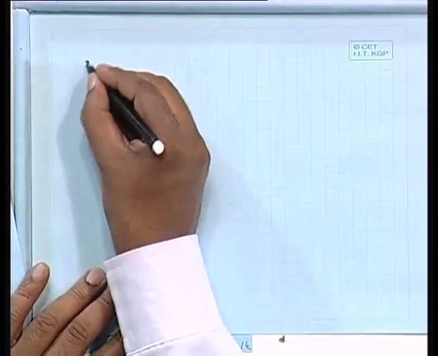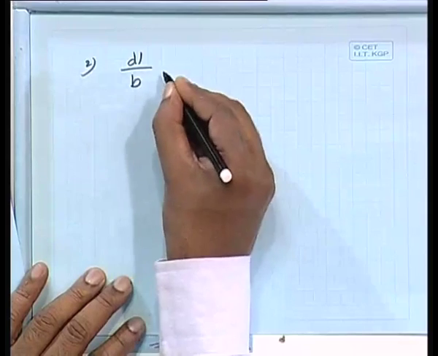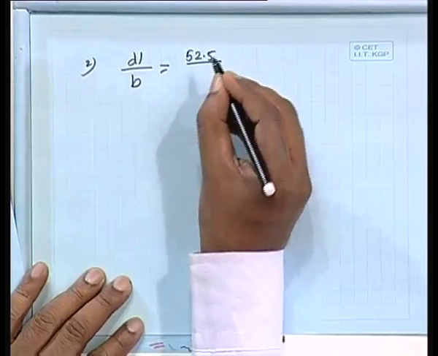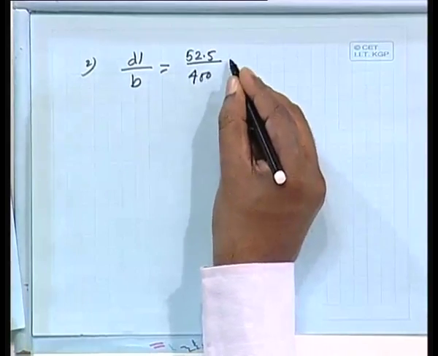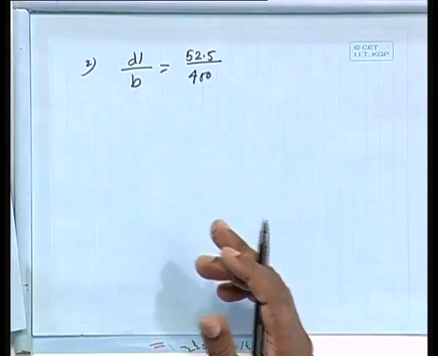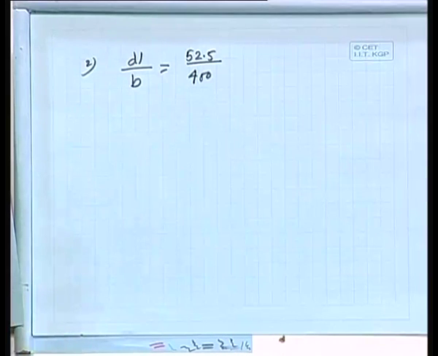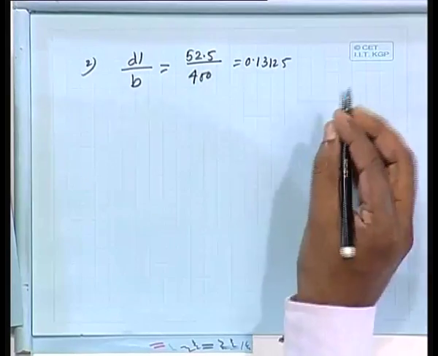So, number 2, d dash by b will be equal to 52.5 divided by 400, because I am talking about the other axis, let us say the minor axis. So 52.5 divided by 400 is 0.13125.